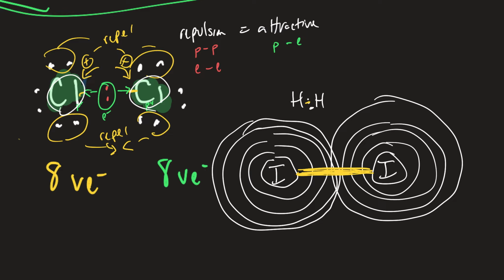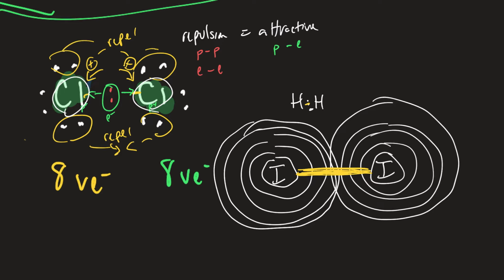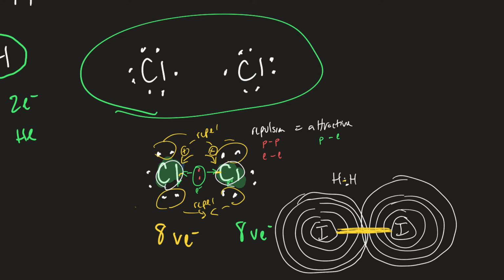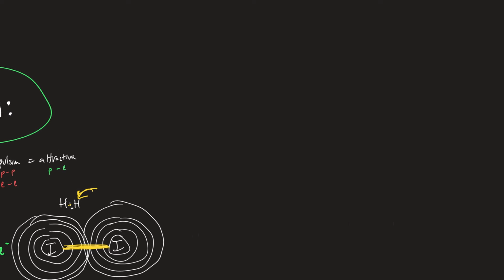Now, you'll notice when I was giving examples of covalent compounds, I was using two of the same atoms to illustrate this. But in nature, there are 7 elements that in real life are never by themselves, and we call them the diatomic molecules.